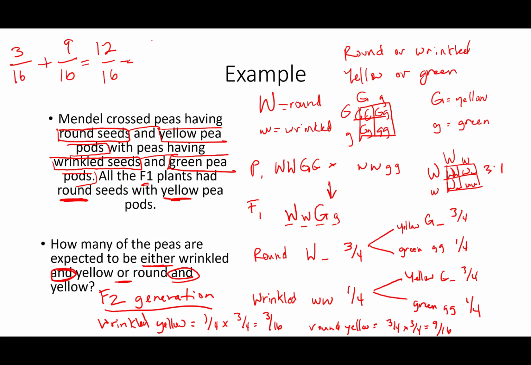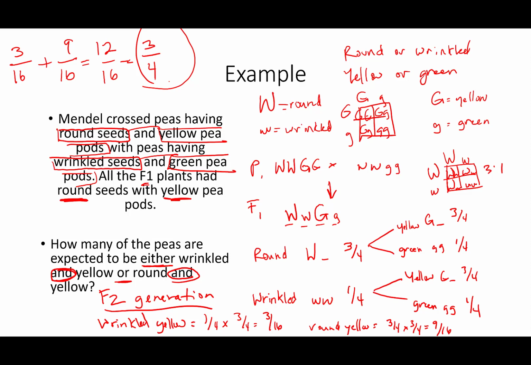So 4 goes into 12 3 times. 4 goes into 16 4 times. So 3/4 of all my offspring will be either wrinkled and yellow or round and yellow. That's my answer. Lock it in, submit. Okay, so here's a great example of how we could work through this.